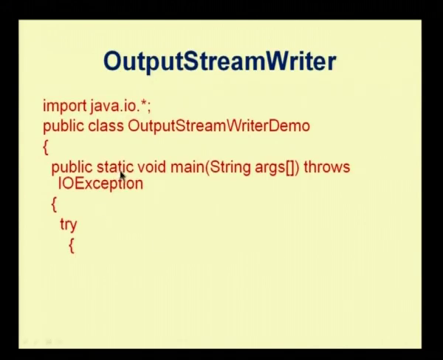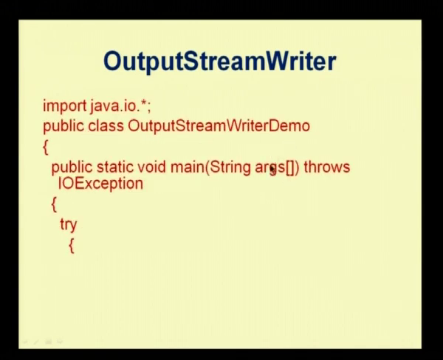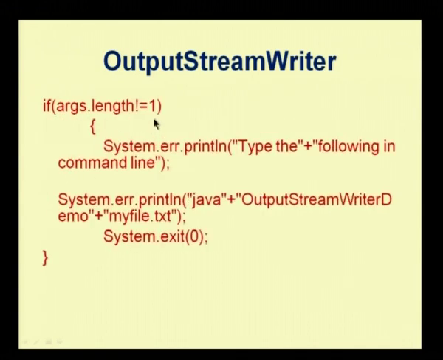Here we have a sample program. You can see I am taking a set of arguments, and I am checking the length. If it is not equal to 1, System.err is used. We have already seen this stream.